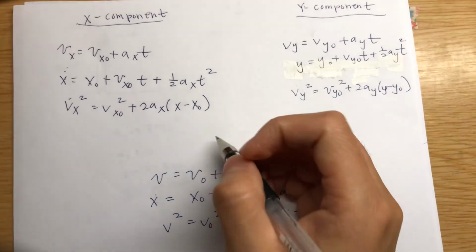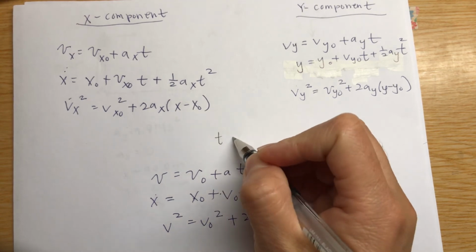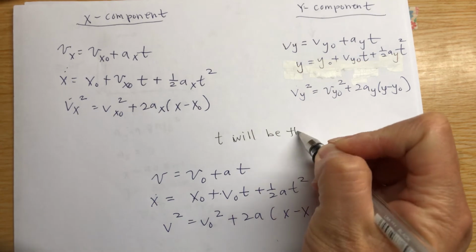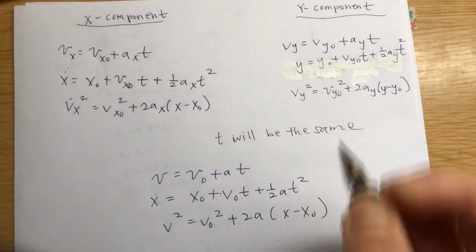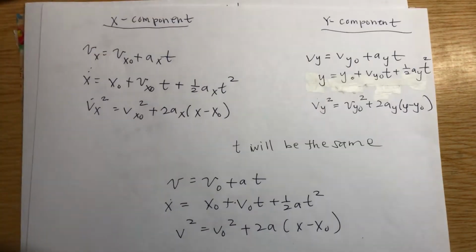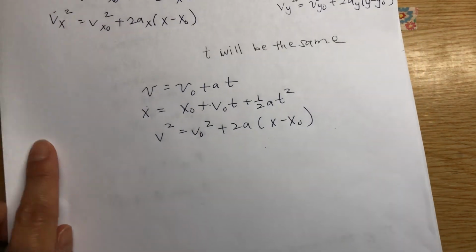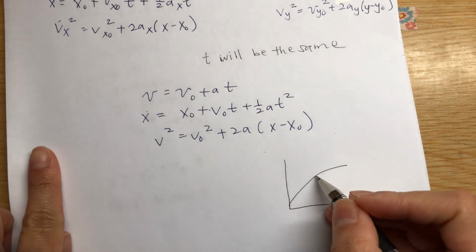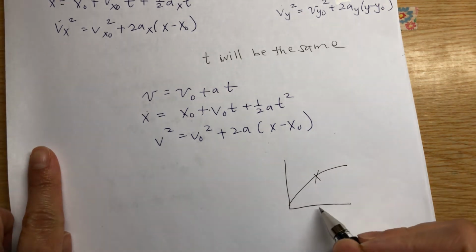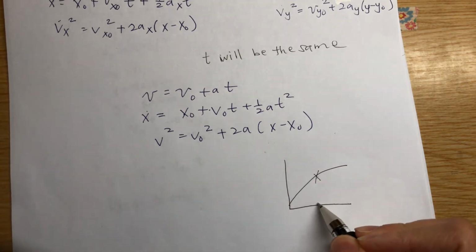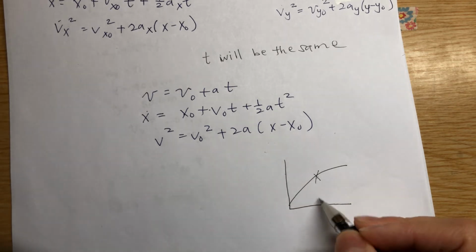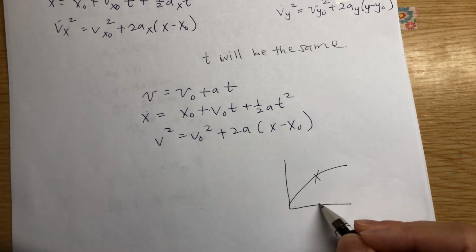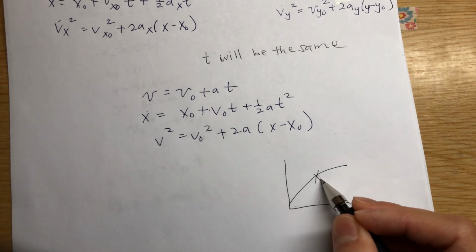Notice that t will be the same in the x and y direction. So at time t, it's going to get to a horizontal and a vertical point.